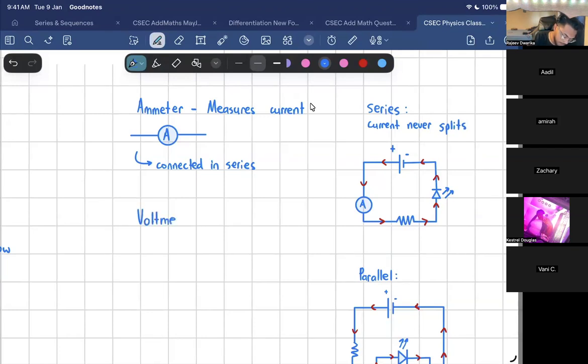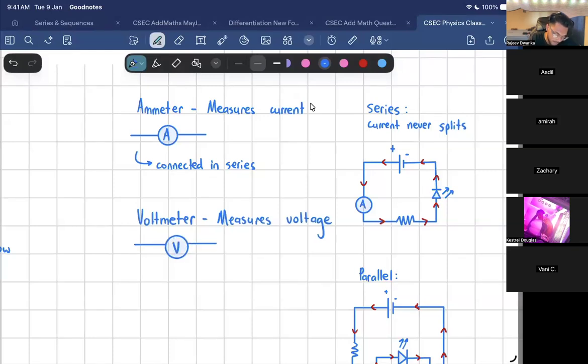And if our ammeter was a circle with a little A inside, what do you think a voltmeter will look like? A circle with a V. They're very creative. And if our ammeter is connected in series, I think a voltmeter would be connected in parallel. Parallel. Yeah.